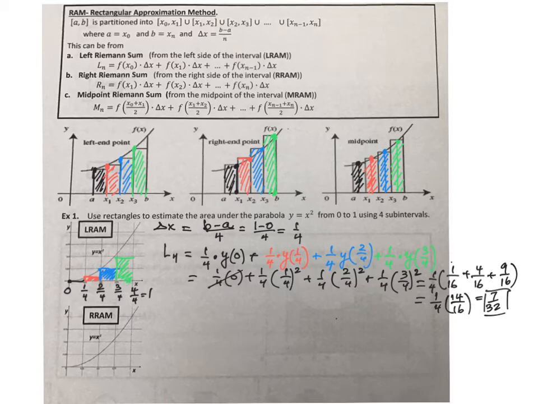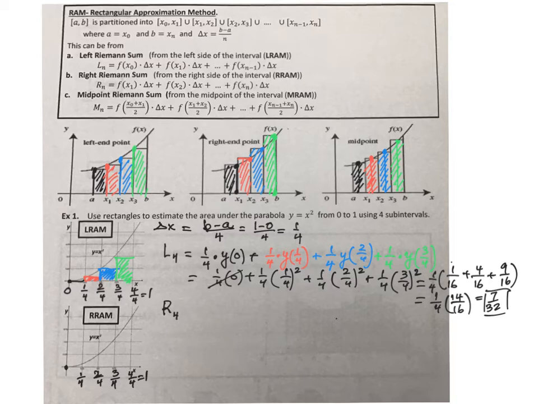To approximate the area under the curve using the right endpoints for a rectangle of equal base, we start with x1, which is 1/4, and x2, which is 2/4, and x3, which is 3/4, and x4, which is 4 over 4, equals 1.